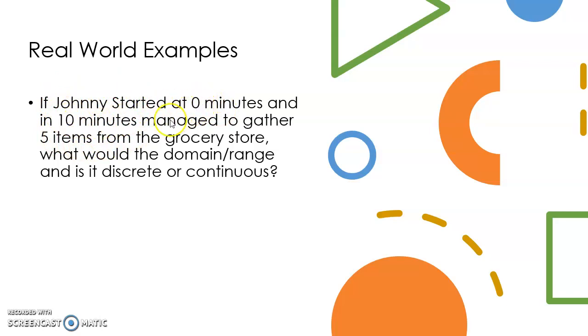We don't go less than 0. And then our range would be the items, because this is our dependent variable depending on the minutes. So we would start at 0 items for the range, and we would end with 5 items. And it is also discrete because we have endpoints and we can see where it ended.